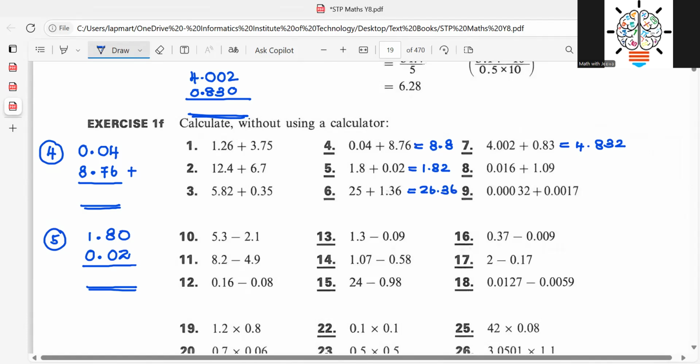Then 0.016 plus 1.09, we have 1.106. Then the next one, 0.00032 plus 0.0017. Keep in your mind when you are writing the answers, you want to write them at the correct place value or decimal place.